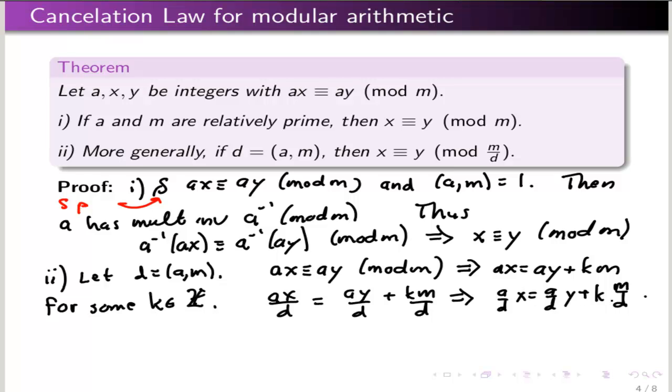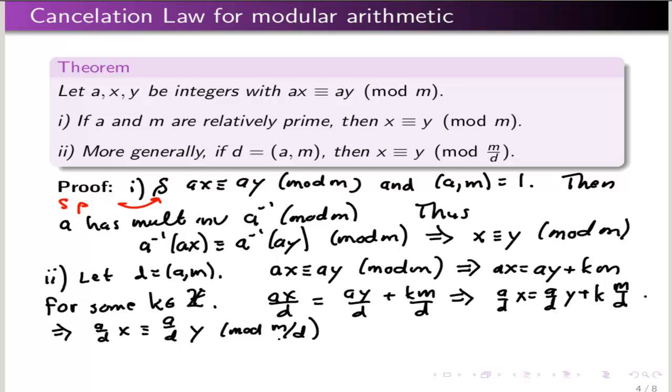And what is this equation telling me here? This says that a over d x is congruent to a over d y mod m over d, because these two things differ by a multiple of m over d.